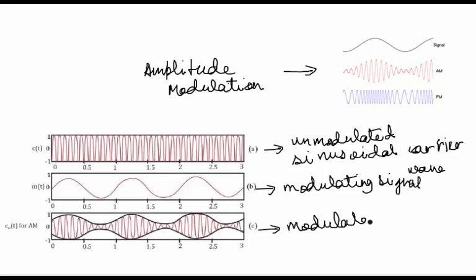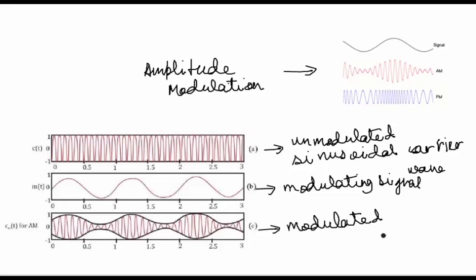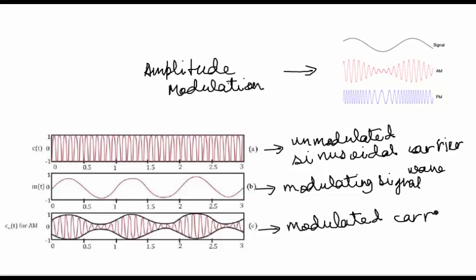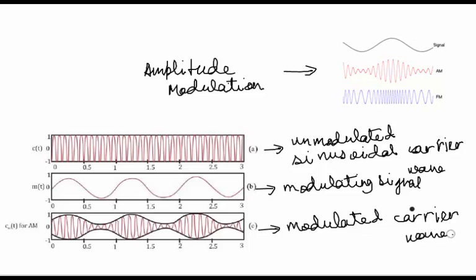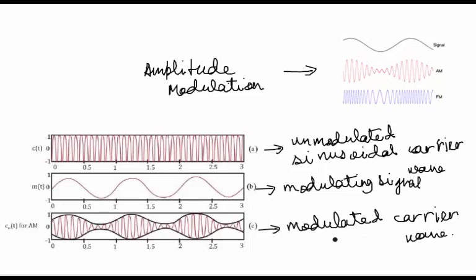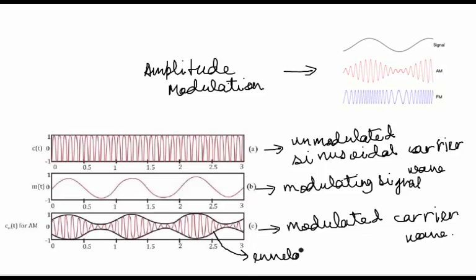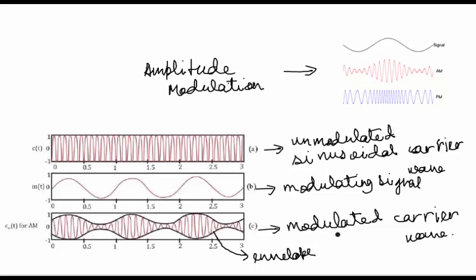This was the carrier wave and this was the modulating signal. When both of them are combined, they form a modulated carrier wave, and this is the envelope of the modulated carrier wave.